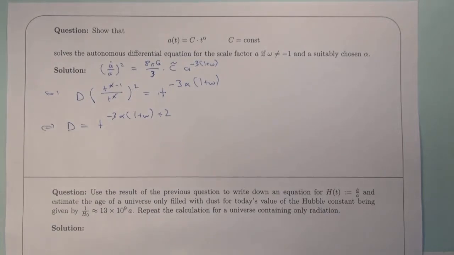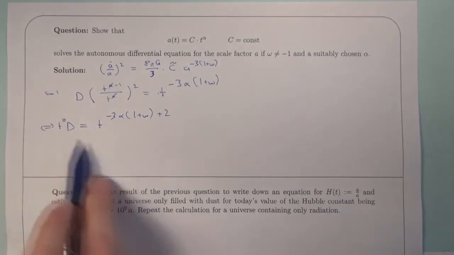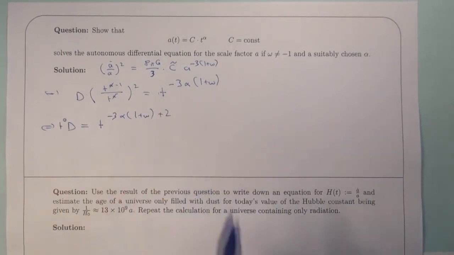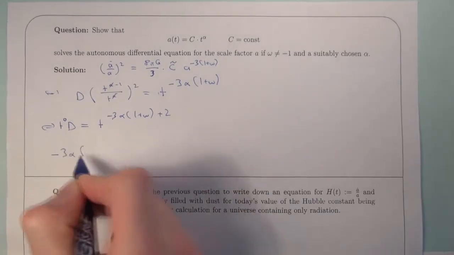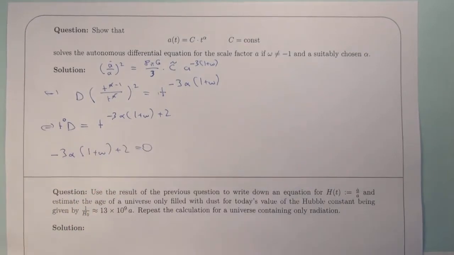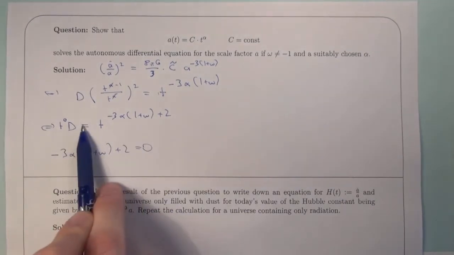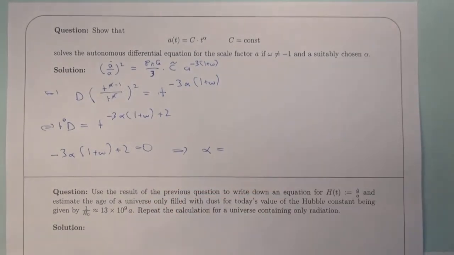Okay, and since here's some invisible t to the 0, in order for this equation to hold, we need to say that minus 3 alpha times 1 plus omega plus 2 equals 0. Otherwise this equal sign cannot hold. And from that we can read off the alpha.